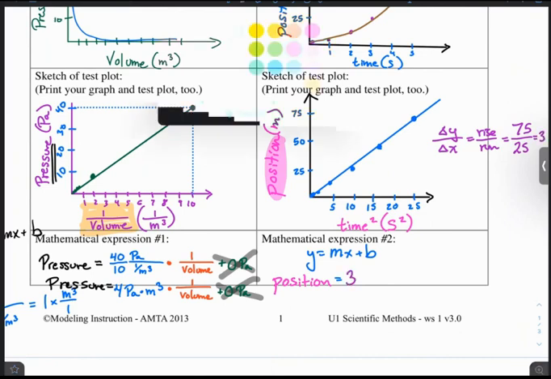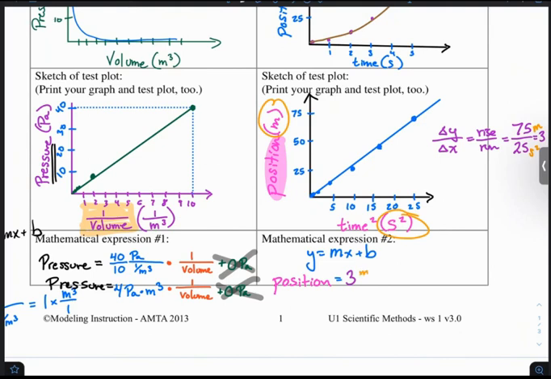Now, every number needs units. And so I ask myself, well, this is 75 meters. And going sideways, this is 25 seconds squared because those are the units here and there. And so when I did rise over run to get my number for my slope, I also do rise over run to get my units for my slope.